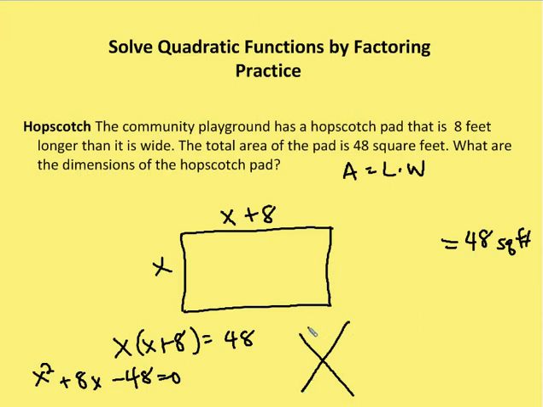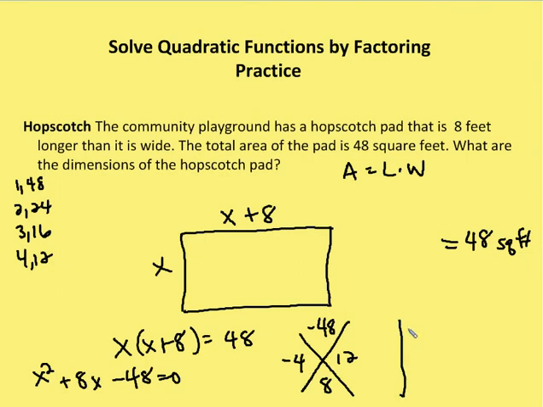Now I want the factors of -48 that add to plus 8. And I have 1 and 48, 2 and 24, that doesn't work, 3 and 16, 4 and 12. I think that's going to work, 4 and 12. So we're going to have -4 and 12, that adds to 8.